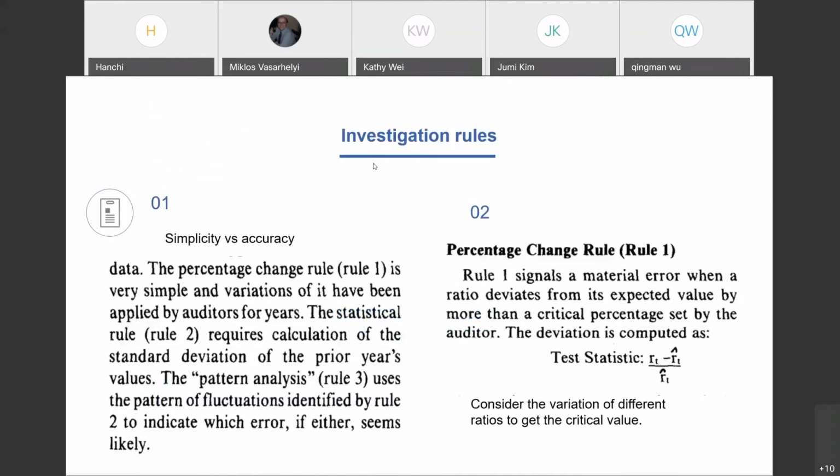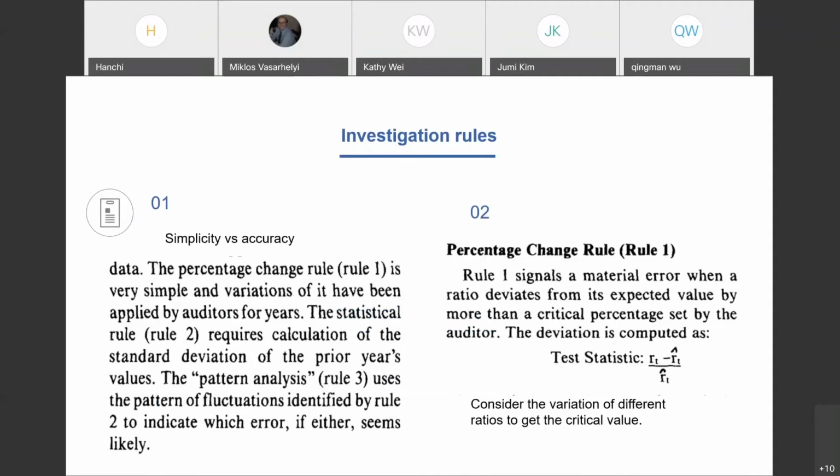When we try to design how we will use the investigation rules, we always have a dilemma, which is simplicity versus accuracy. So in this paper, they compare three different rules. The first one is the percentage change rule, which is very simple, and a variation of it has been applied by auditors for many years.